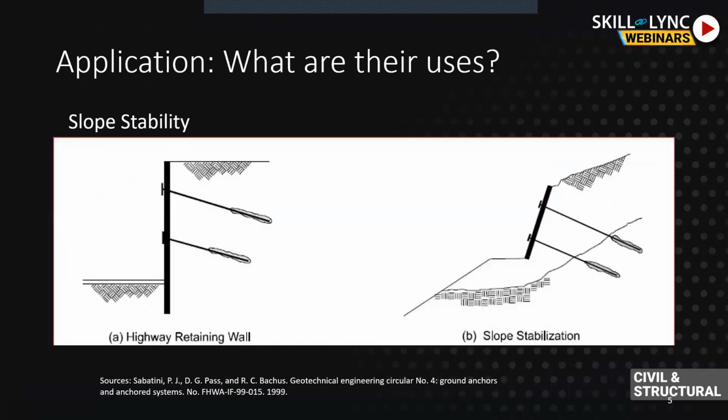So what are these anchors used for? As we have already seen, these are the tension counterpart of piles. We want to give the soil some ability to hold tension, because soil is only a compression member. In concrete, we generally study a beam where we have concrete and then steel bars, rebars.